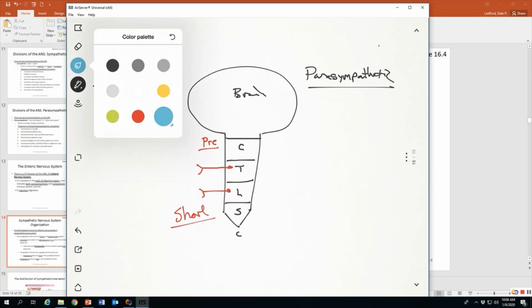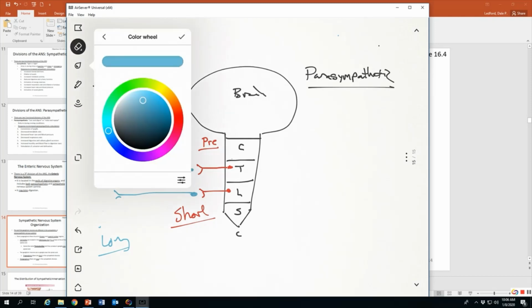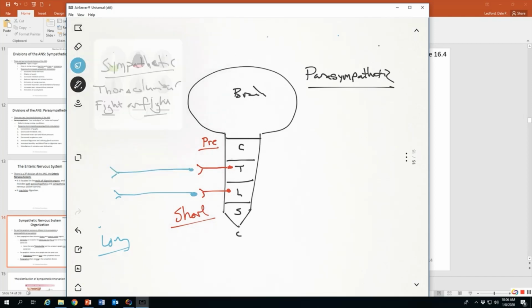Now, they are very short pre. That means they will have a post-ganglionic neuron that is very long.